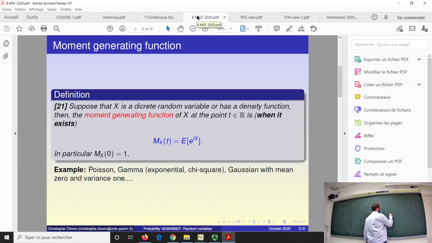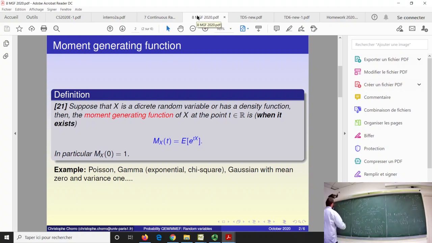If x follows the gamma(alpha, lambda), the moment generating function of x is equal to lambda over lambda minus t to the power alpha if I have this condition. And it is not defined otherwise because the expectation is not finite otherwise. Once again, I don't compute, I just use what I know.